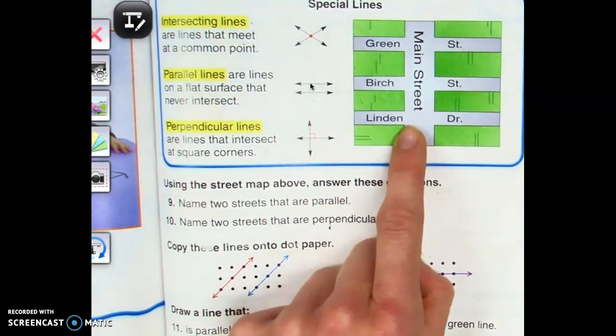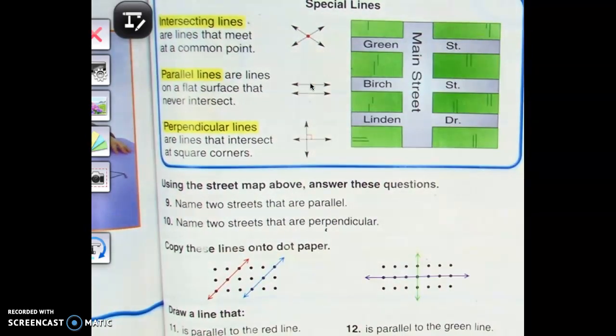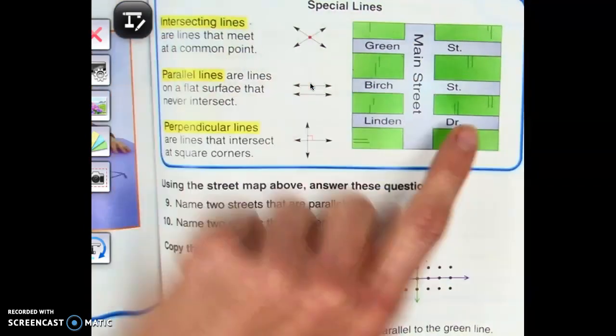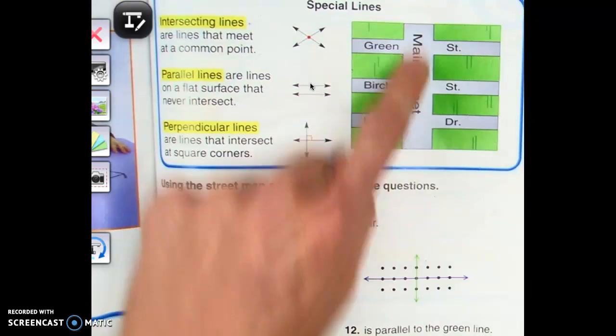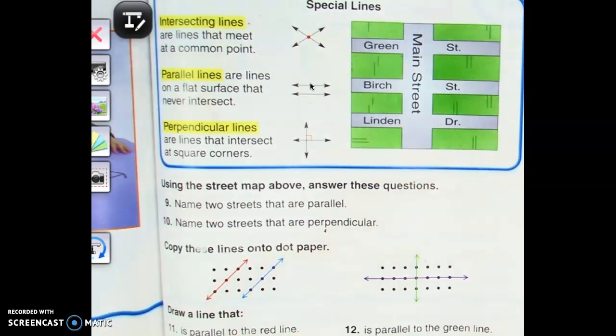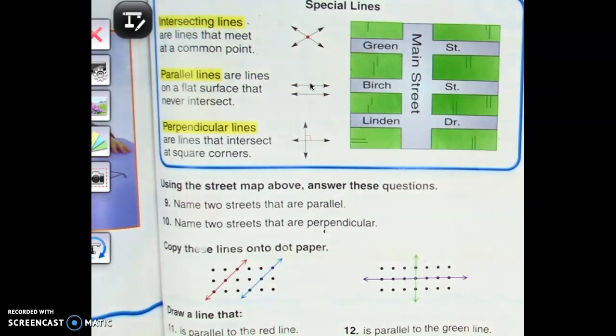Well, parallel lines never meet, so you're going to have to be looking at 2 lines that never meet. Main Street and Linden Street can't be parallel because they cross each other. There's an overlap. That cannot be parallel. You have to pick the lines that never meet. So pick 2 streets. So you could say blank and blank street.